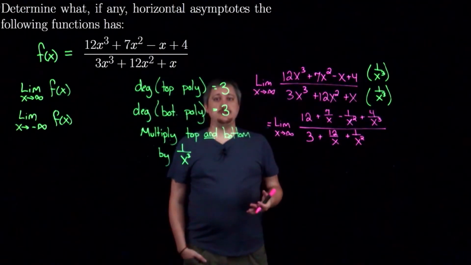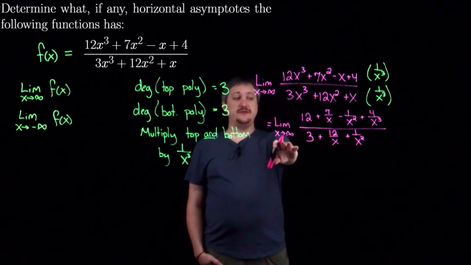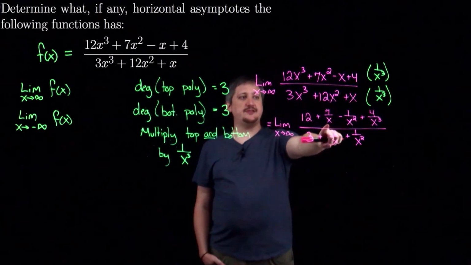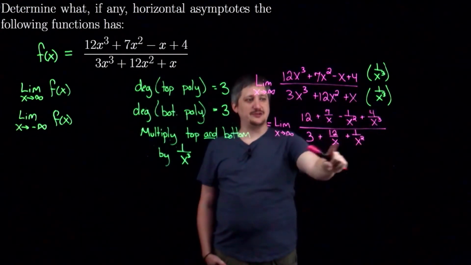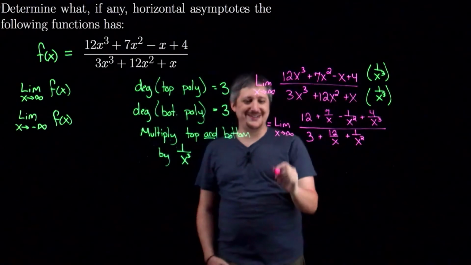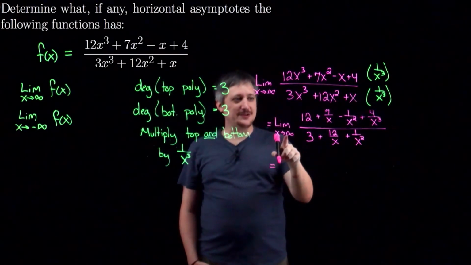Now I can actually compute my limit. So if I have the limit as x goes to infinity, the 12 stays 12, and 7 over x, that's finite divided by something getting infinitely large, is going to 0. Everything else is going to 0, right? I'm not going to write limit because I'm evaluating here.